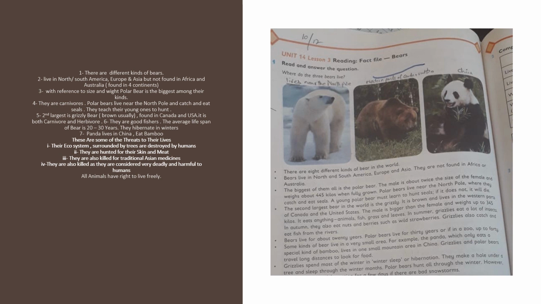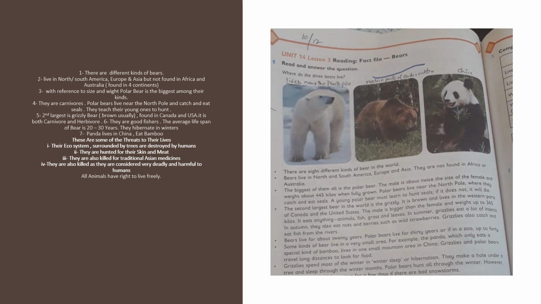Okay, now coming towards why these bears are in danger, why they have life threats, and what is the cause. The number of bears in the world is falling, it is decreasing. It's an alarming situation because they are being killed, they are being hunted.